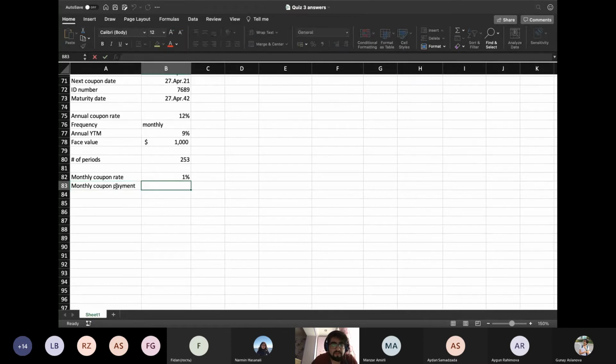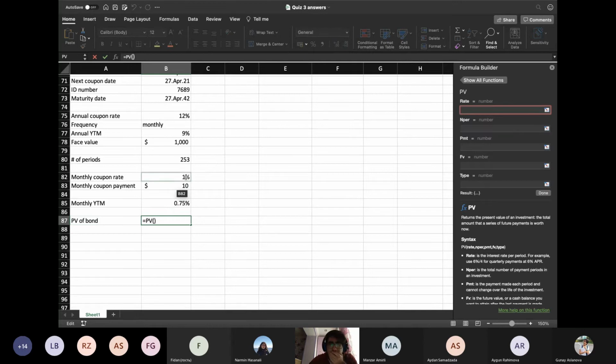Monthly coupon payment, 1000 multiplied by this one. Also, monthly yield to maturity, 0.75%. So we can find PV of bond by present value formula.